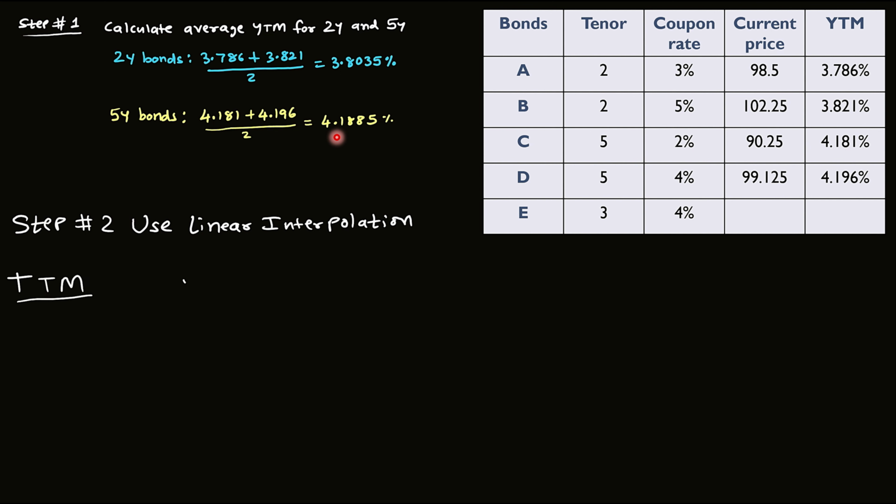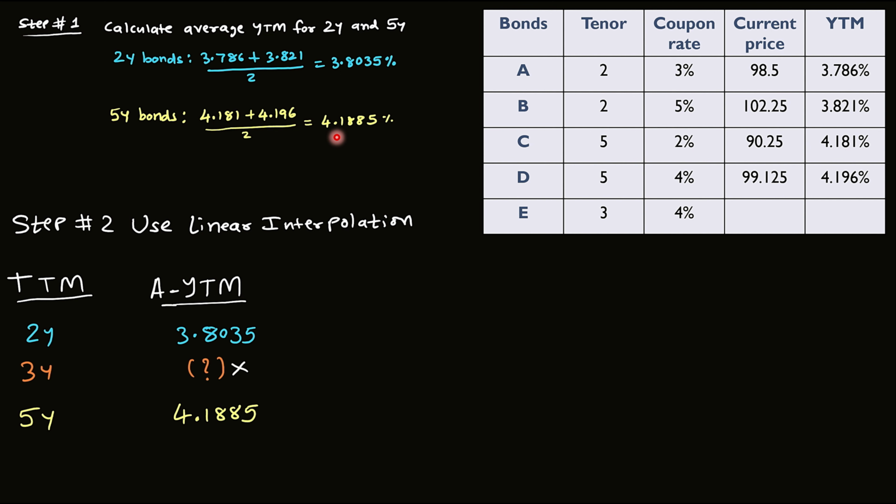So here is time to maturity and yield to maturity: 3.8035, and then we have the 5-year as 4.1885. Now that's the average. So what about the 3-year yield to maturity? Let's say it's x, right?